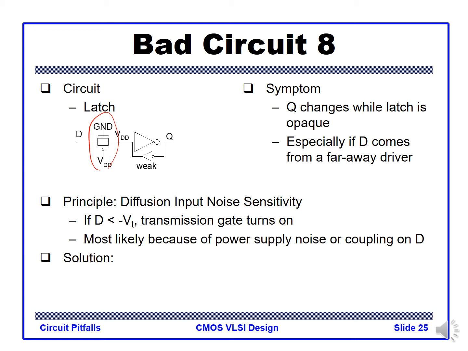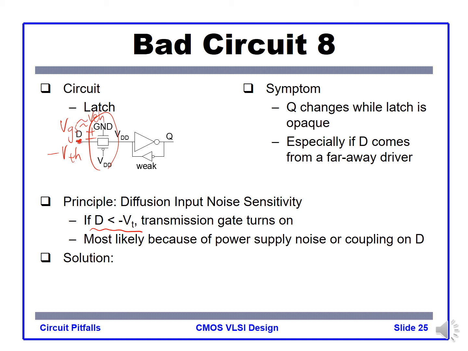So if the D value goes lower than minus VTH, then the transmission gate may turn on because, let's say this is minus VTH, then we have a VGS close to VTH here.